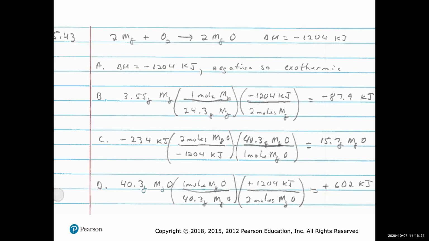Whenever we have grams and we want to change into some of these other units, one of the first things that goes through our mind is, I'm probably going to have to get things in moles, because moles is really the nice unit that allows us to move among grams, moles, kilojoules, things like that.